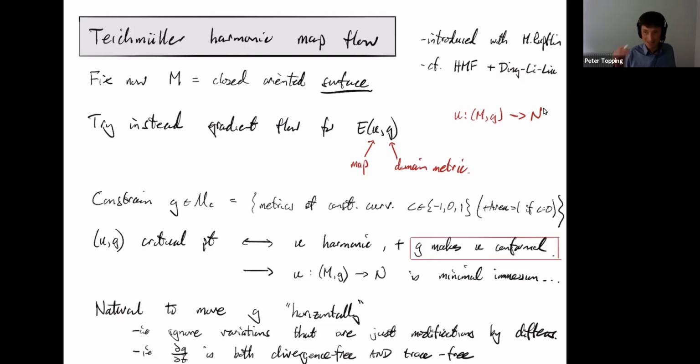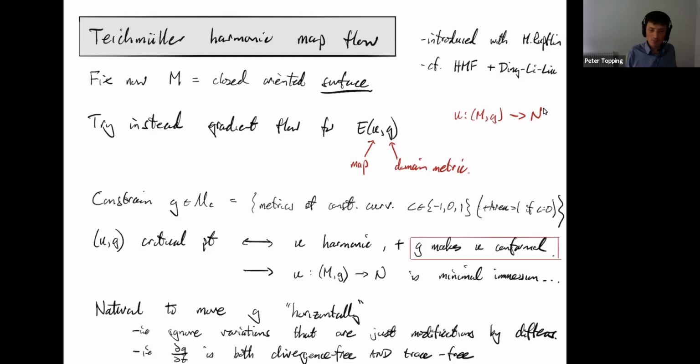I'm thinking at the outset of a fixed manifold N and imagining how I can find a minimal immersion within it. So that's why I'm not thinking specifically about varying the target metric itself, but you could do that, and from an analysis point of view, it could be interesting.